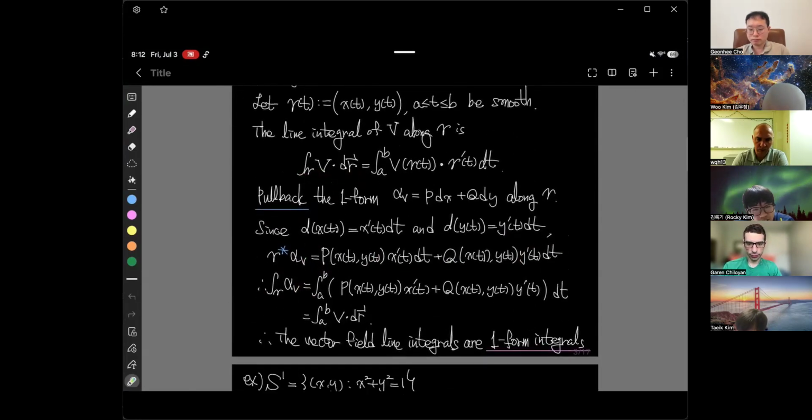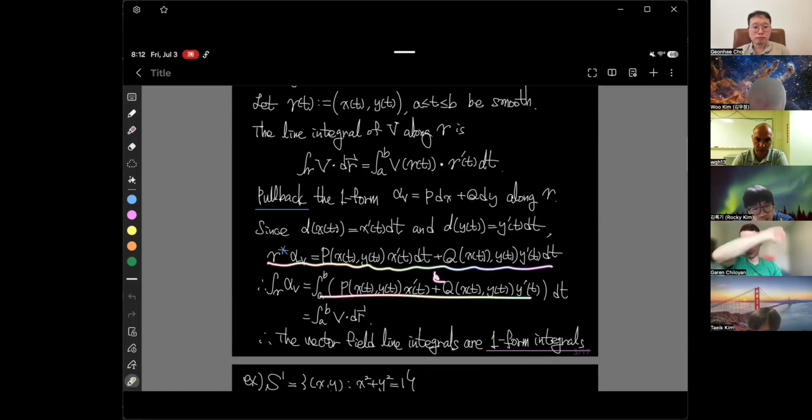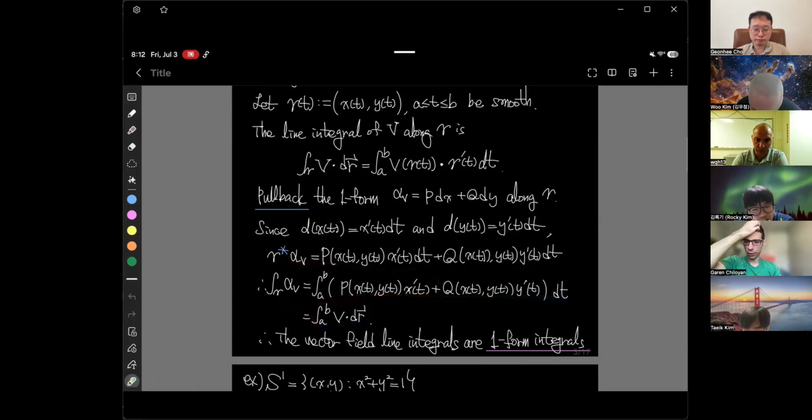If we have this alpha, if we have this integral, then we have this result after substitution, and this one is the same. So the vector field line integrals are one-form integrals, which means this alpha is a one-form. What does this mean?